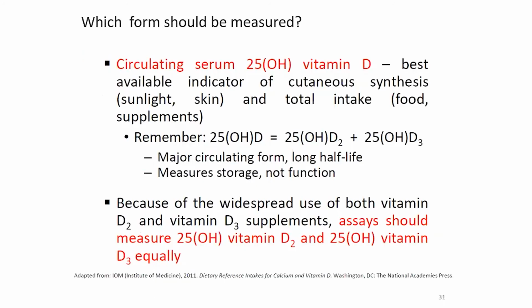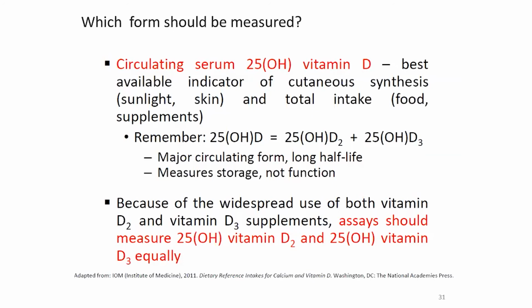Then, which form should be measured? Circulating serum 25-hydroxy vitamin D is the best available indicator of cutaneous synthesis, either through sunlight on the skin, or total intake, either through food or from vitamin supplementation. It is the major circulating form having a long half-life, and it can measure the storage form also.